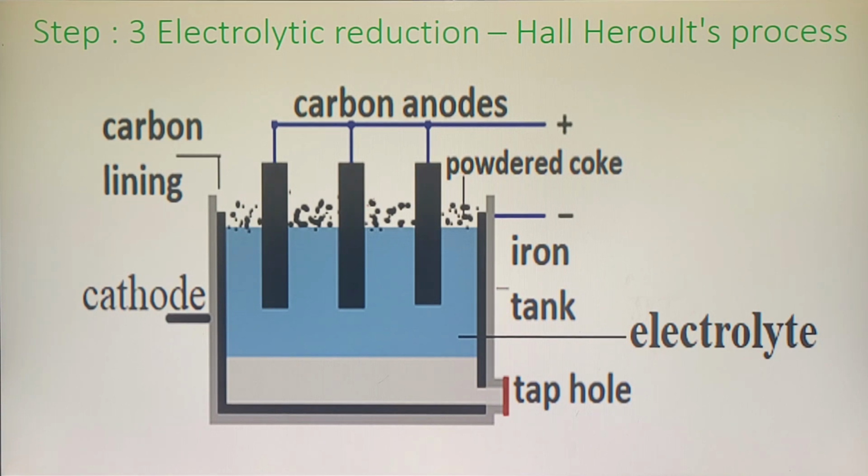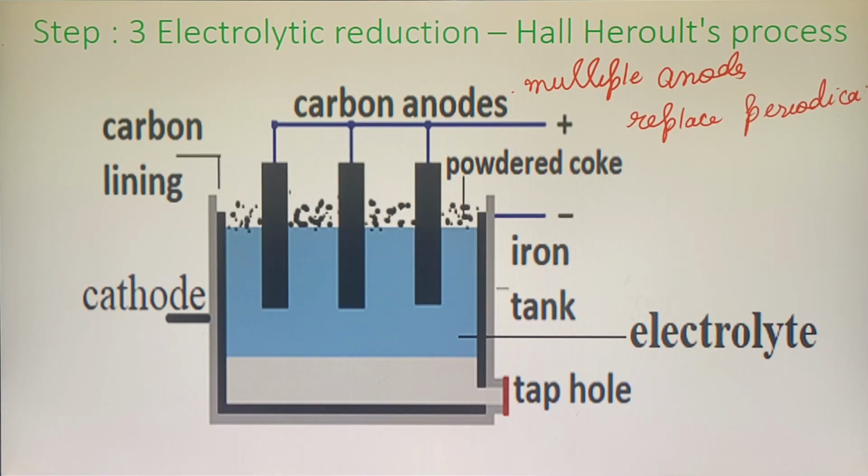You will also learn in your next slide that I have put multiple anodes. And one other thing that I have done is, I need to replace these anodes periodically. That means after a certain period of time, I need to change these anodes.